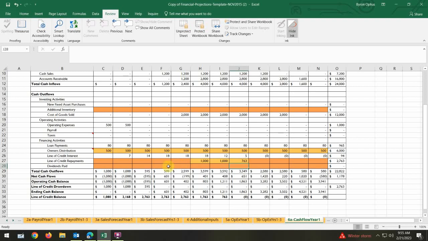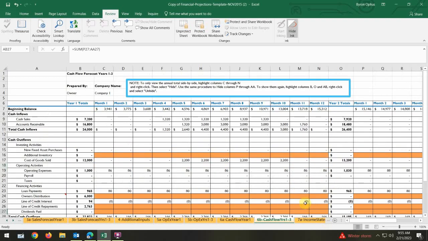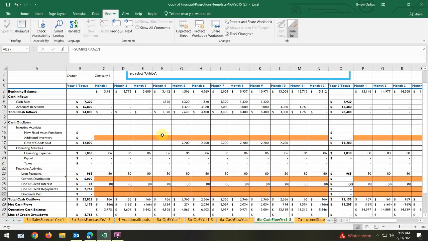If you want to give yourself more money, you can just do it up here in owner's distribution, right? If it's a non-Schedule C business, you really wouldn't do both, because this is basically the same as this in a non-Schedule C type of business. Okay, some exceptions to what I'm saying, so don't take that as carte blanche, but for the most part, what I'm saying there is correct.